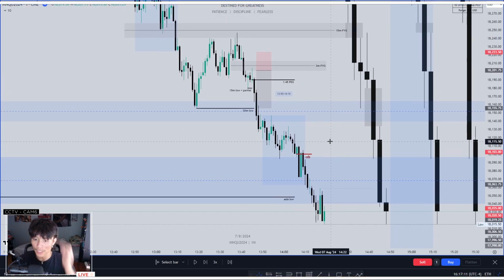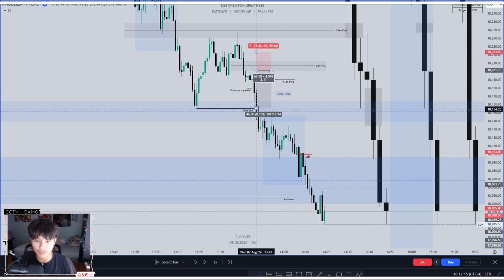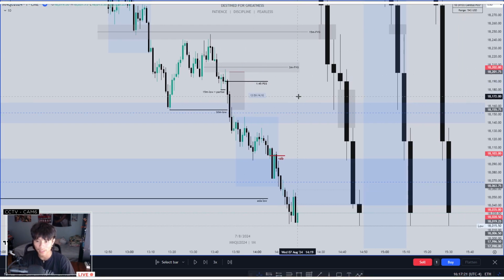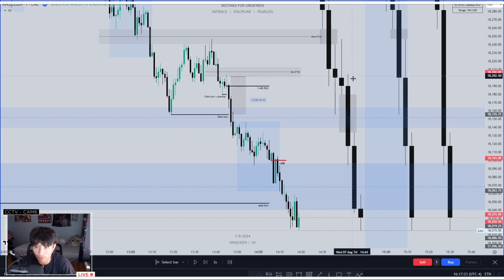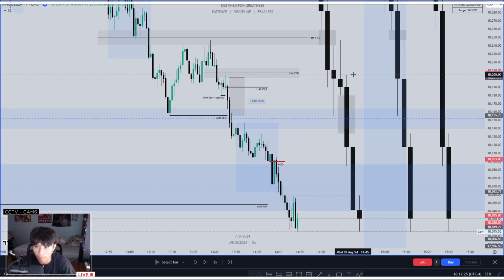And keep in mind, after price takes out this 30-minute low, my stop loss is already at break even, for sure. And based on this 15-minute candle's closure, there should be no reason for us to retrace back inside this 15-minute high. So there's a reason for us to move our stop losses as well.